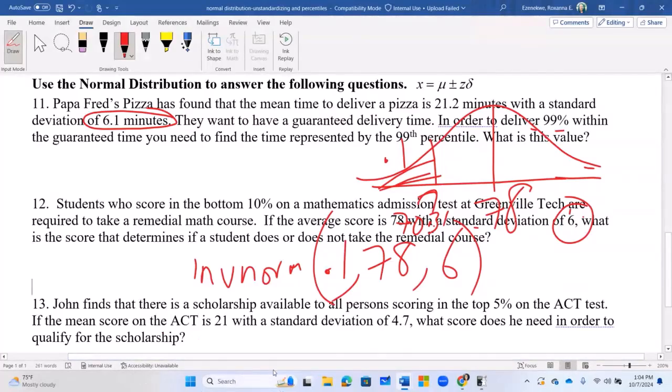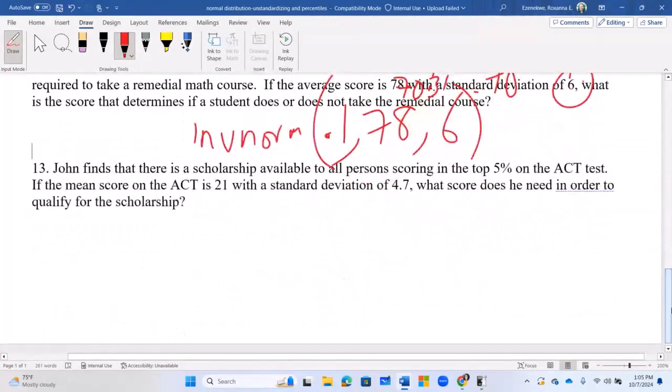Okay, another real world example. John finds that there is a scholarship available to all persons scoring in the top 5% on the SAT or ACT test.